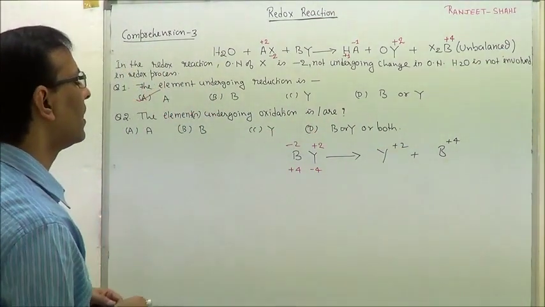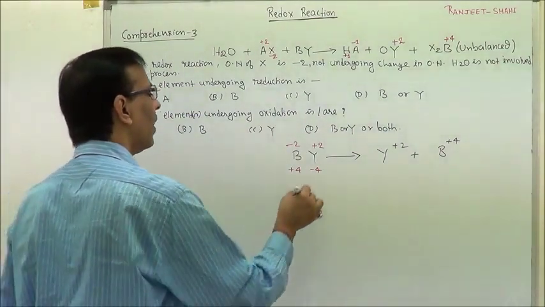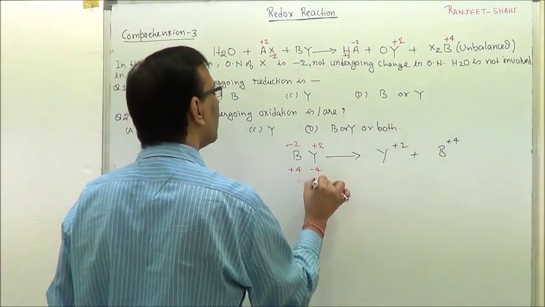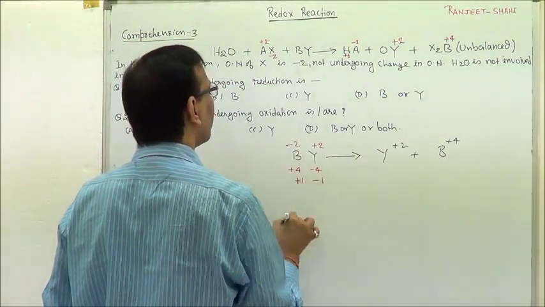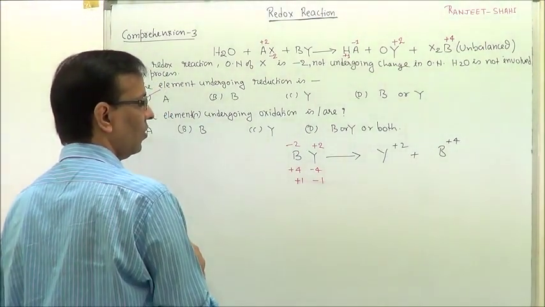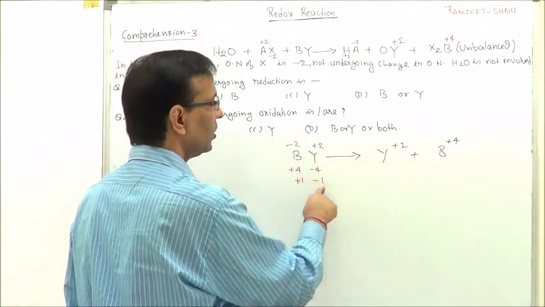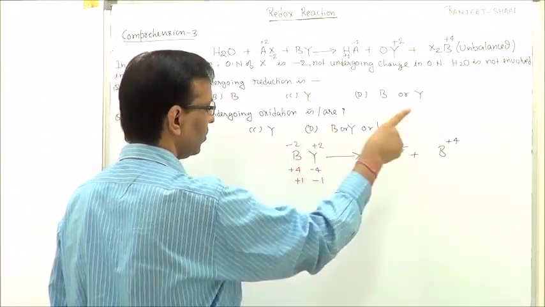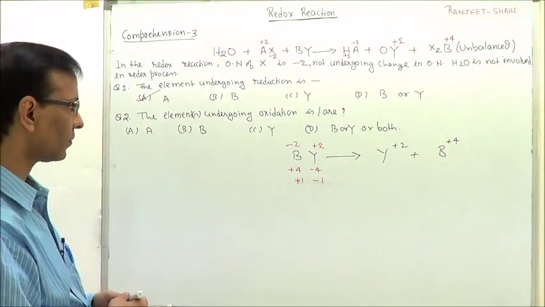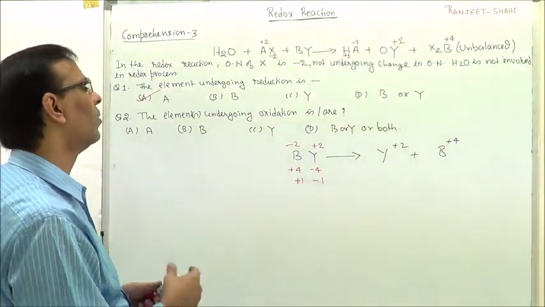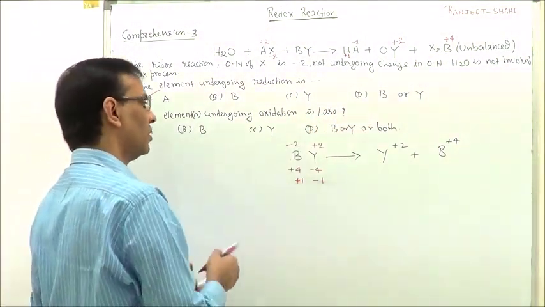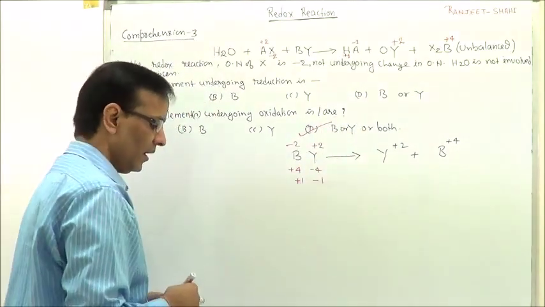Now suppose we take Y as minus 1 arbitrarily. So B is plus 1. And in this process, Y minus 1 to plus 2 oxidation, B plus 1 to plus 4 oxidation, so both can be oxidized simultaneously. So only B can be oxidized, only Y can be oxidized, both can be oxidized, and therefore the answer will be D.